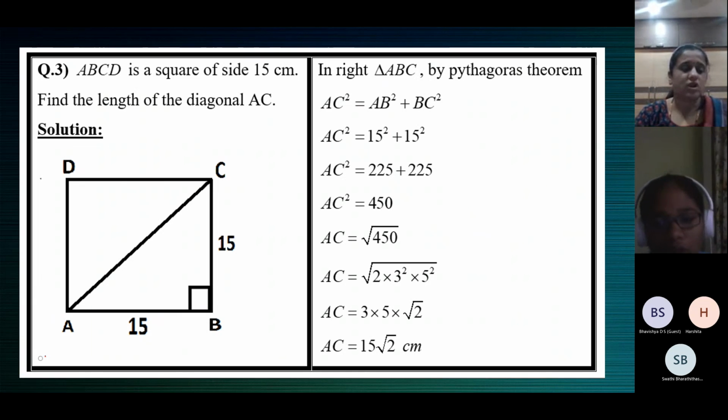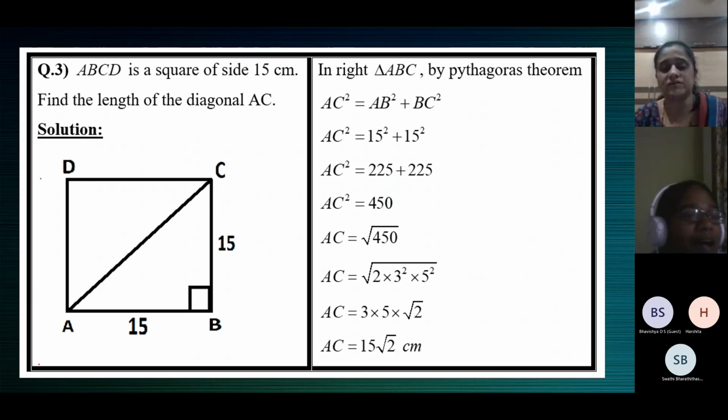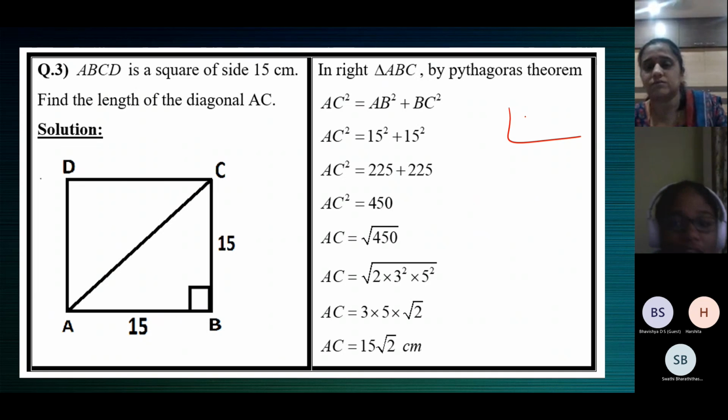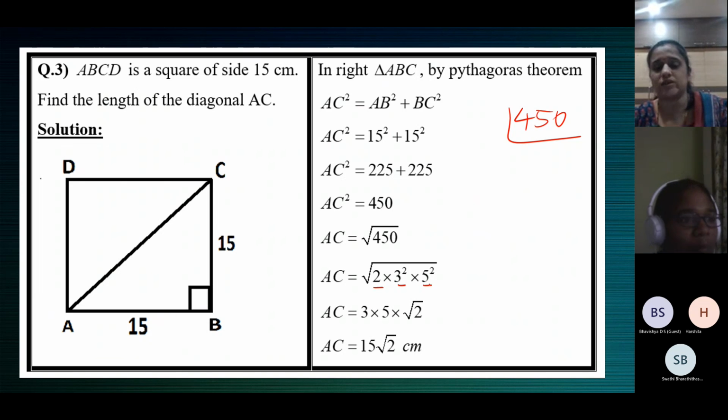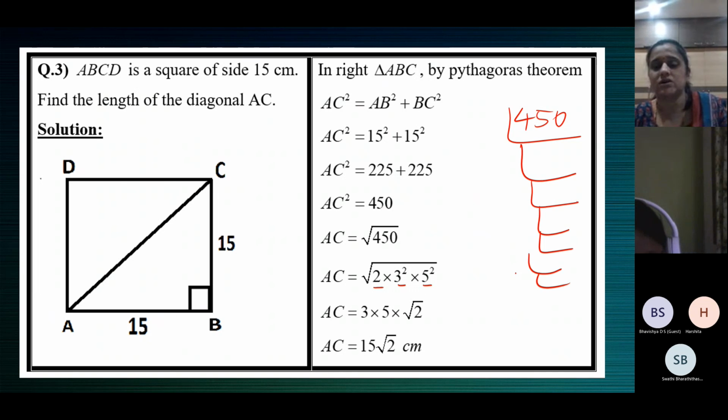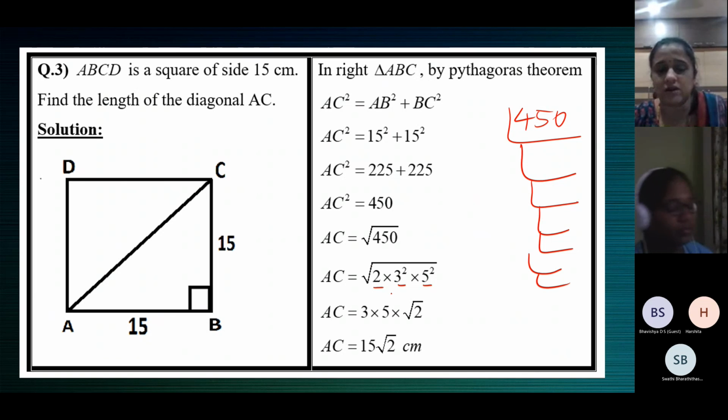We know that 450 is not a perfect square. So express 450 as a product of its primes. When you do this prime factorization method, you will get 2 into 3 square into 5 square. So from 2 3s, 1 3 comes out.